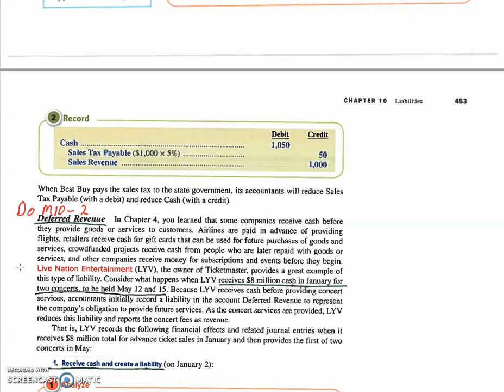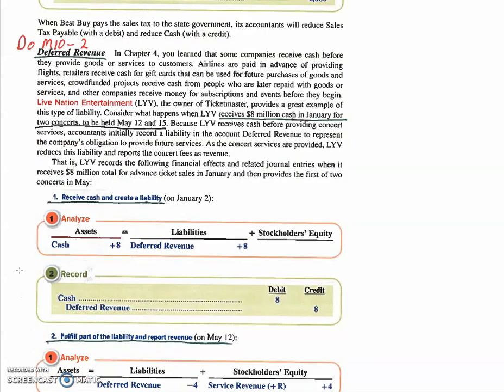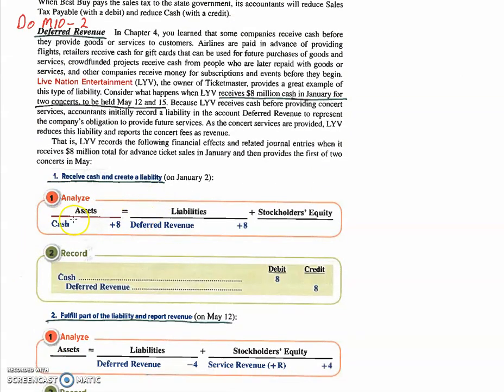They have an obligation to you to provide games. It arises from a past event or transaction. You paid them money, and there is a future obligation. They're obligated to provide you with those games or to refund your money. Okay, so there we go, debit cash, credit deferred revenue.